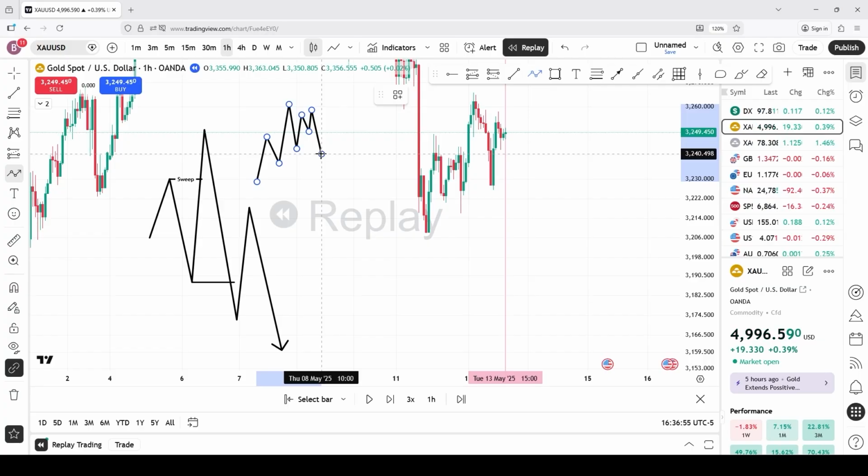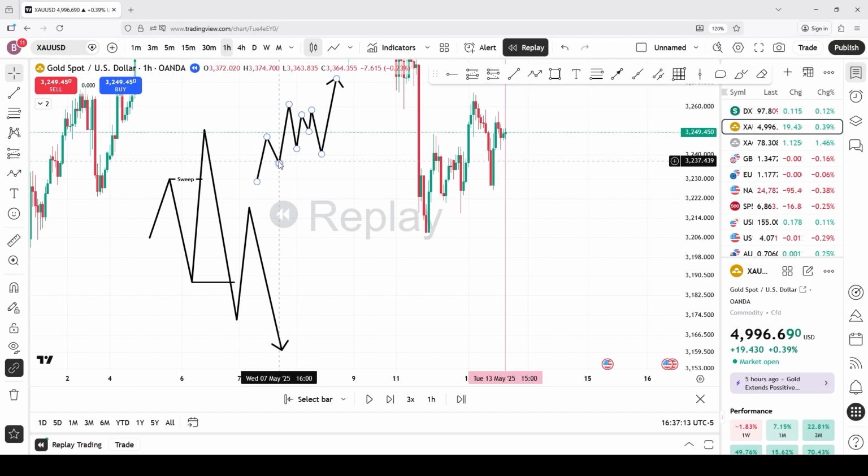So when a weak low is swept, there's no problem. You're still continuing in an uptrend. See what I mean? This one here is a weak low because it failed to create a high right away. So it can be swept and you still stay in an uptrend.